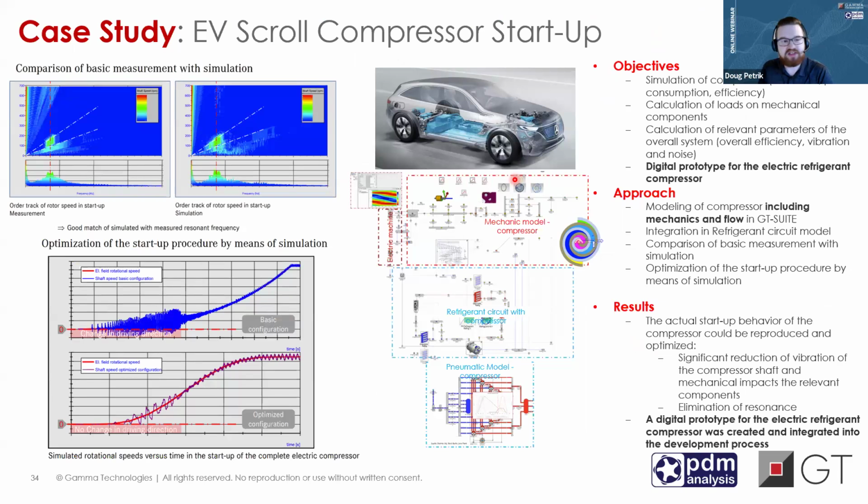I'll point out that this is a scroll compressor application, but everything you see here is completely applicable to a screw machine as well. Mercedes-Benz presented at Gamma Technologies Technical Conference a few years back, and they were looking to build a digital prototype for an electric refrigerant compressor for an electric vehicle application.